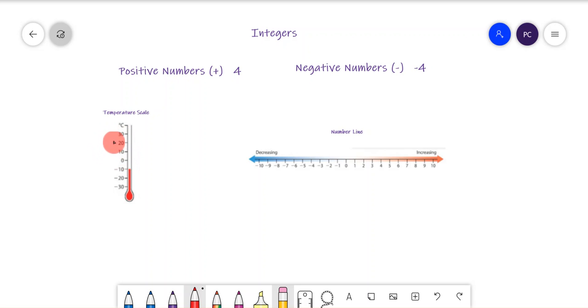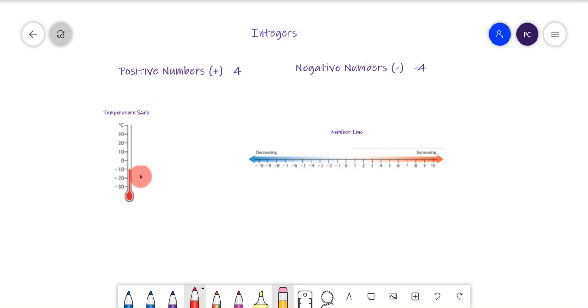Now notice that we don't need to put this positive symbol in front of the positive integers. It's just assumed. So if you see, for example, this 10 on its own, that means it's a positive integer. So we have the numbers above 0, 10, 20, 30, 40, 50, 60. They're integers, and they are positive integers or positive numbers.